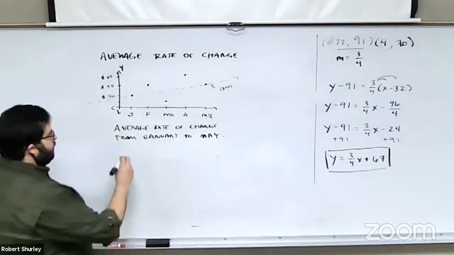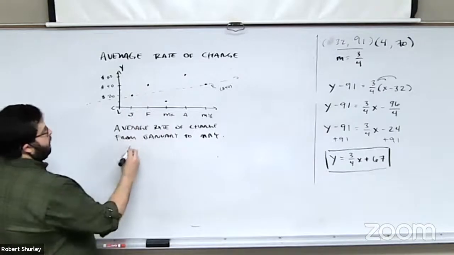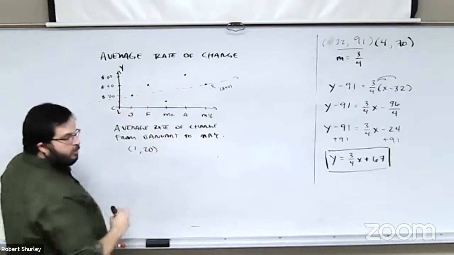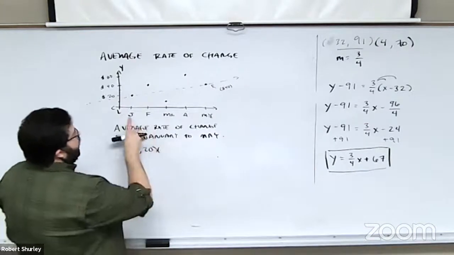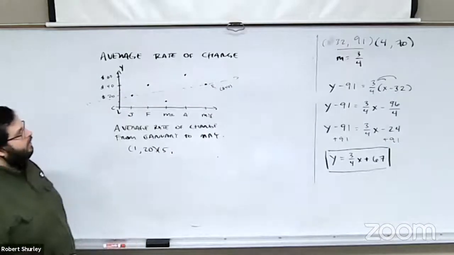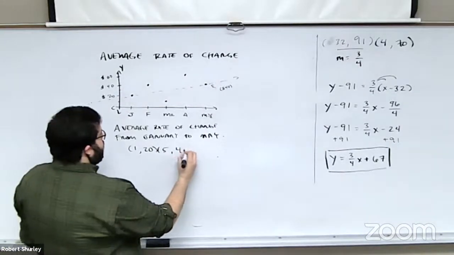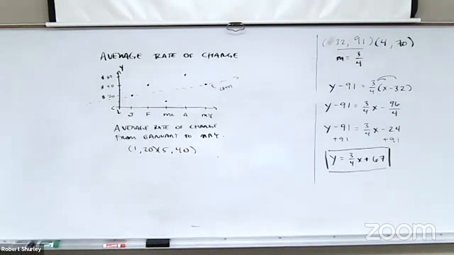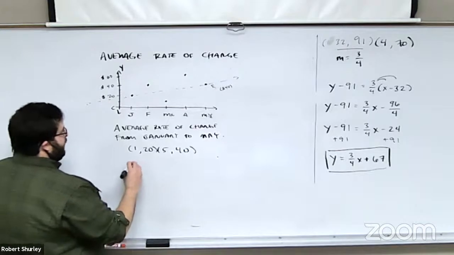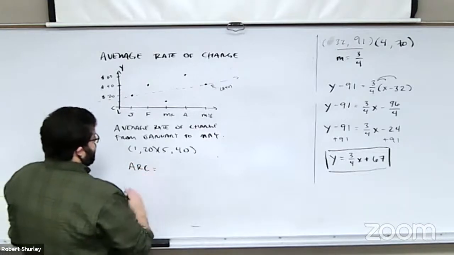So look, the first coordinate, January, we'll call month 1. If January's month 1, we spent $20, right? May is month 5, and I spent $40. So we're just going to find the slope of those two coordinates. I'm going to use ARC for average rate of change.